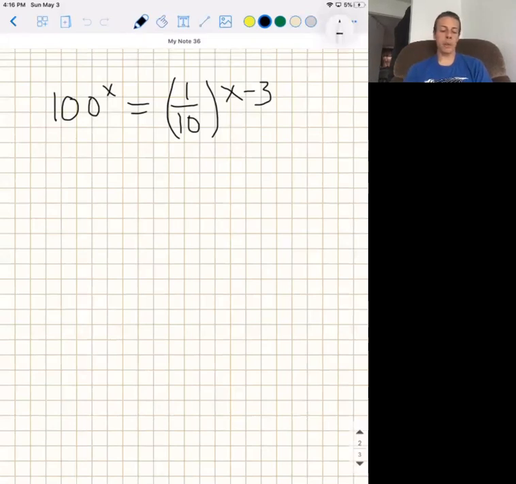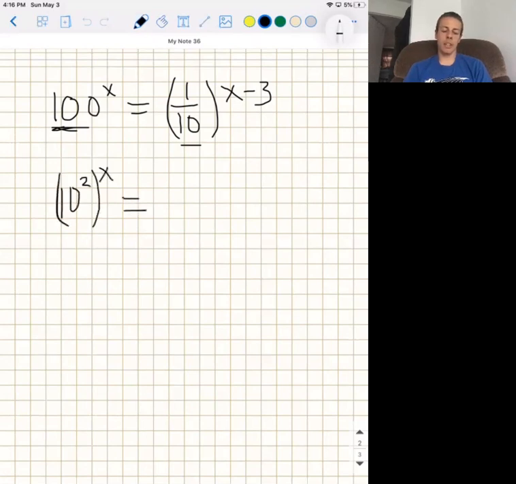So the first thing that we're going to do, we're going to try to get both bases, 100 and 1/10, to look the same, okay? To do that, I recognize that both of them have a 10 in common. I could rewrite 100 as 10 squared, and then we still have that to the x.